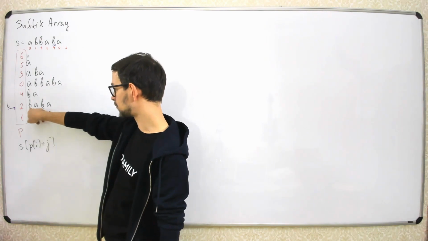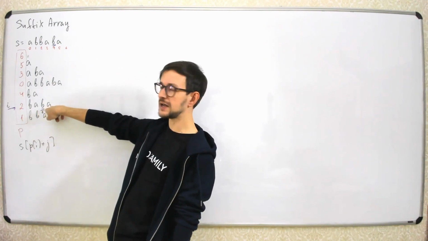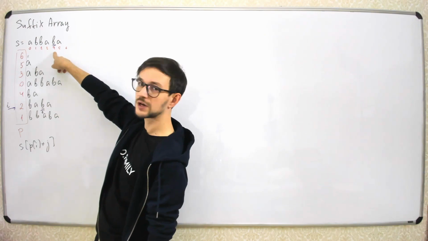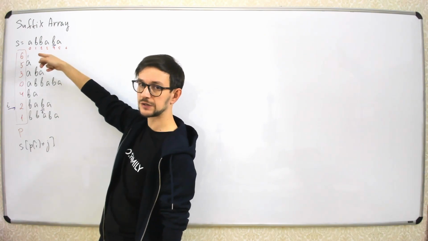P[i] is the index of the first letter, plus j is the index of this letter. So you just look at the corresponding letter in string S and take it.